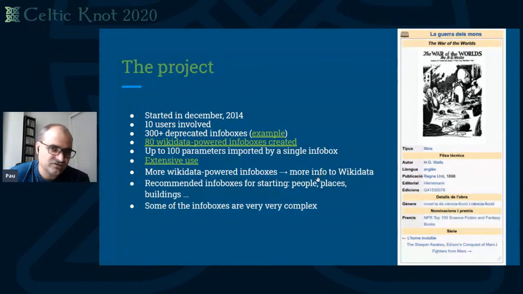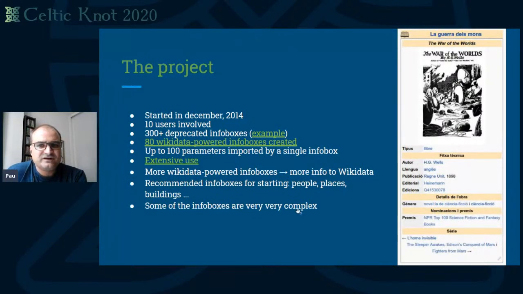If there is a lot of information in Wikidata, you can see more things displayed in your infobox. And if you want to begin with the project, I recommend beginning with the infoboxes that are most used, for example, infoboxes for people, for places, or for buildings. Those are the kind of infoboxes I would implement first.